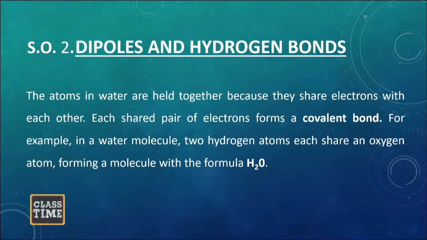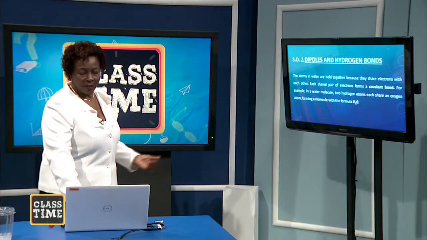Very importantly, you need to note that the atoms in water are held together because they share electrons with each other. And each shared pair of electrons forms a covalent bond. For example, in a water molecule, two hydrogen atoms each share an oxygen atom, forming a molecule with the formula H2O.